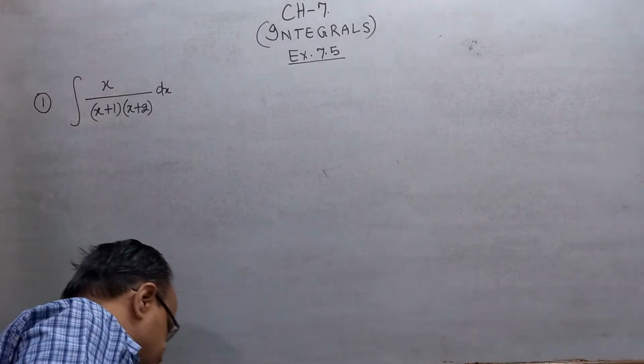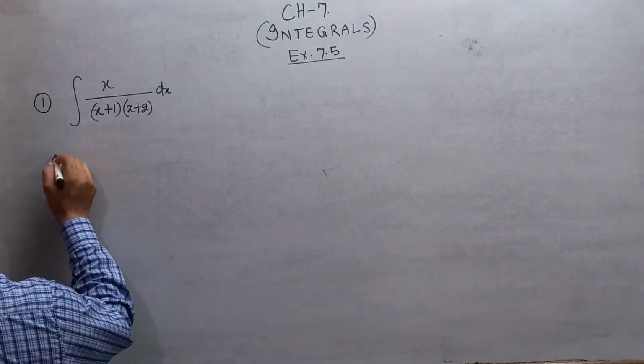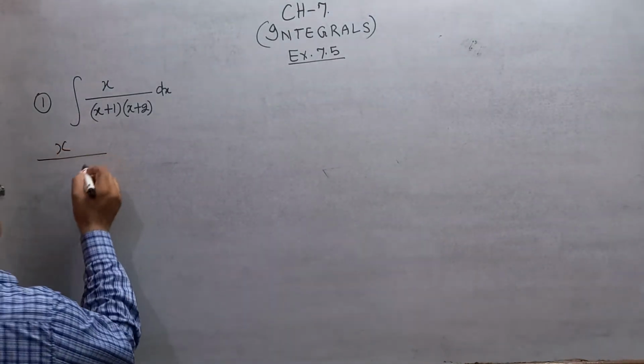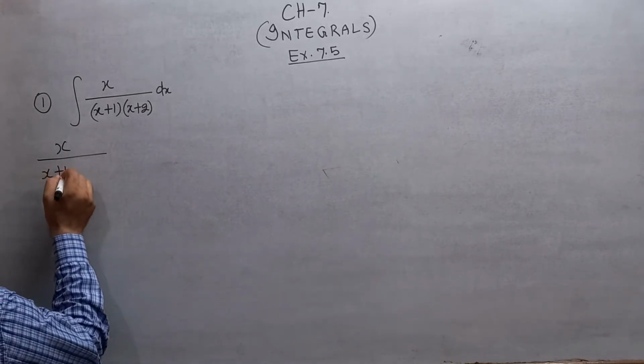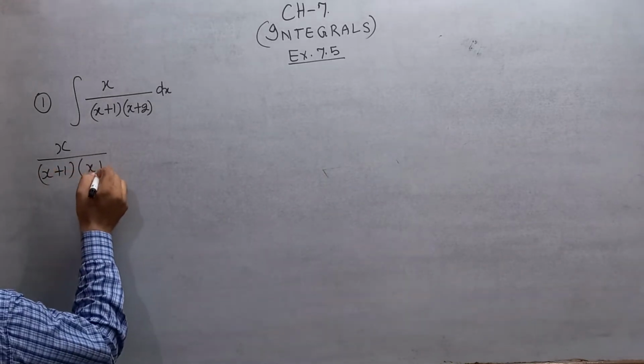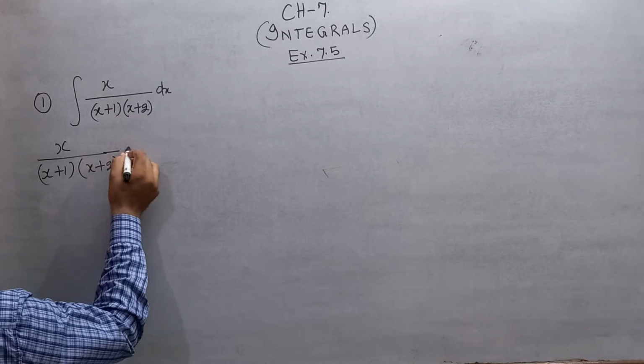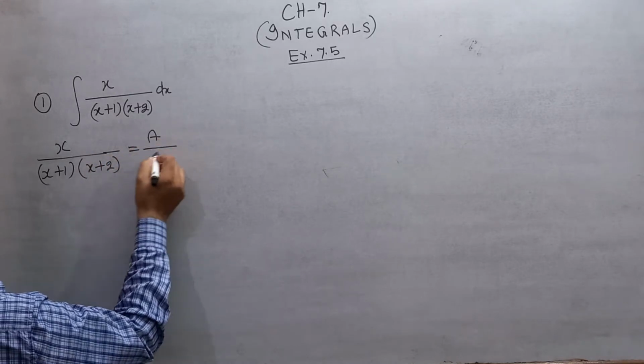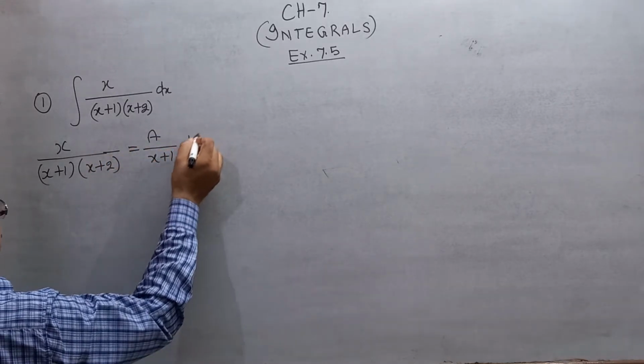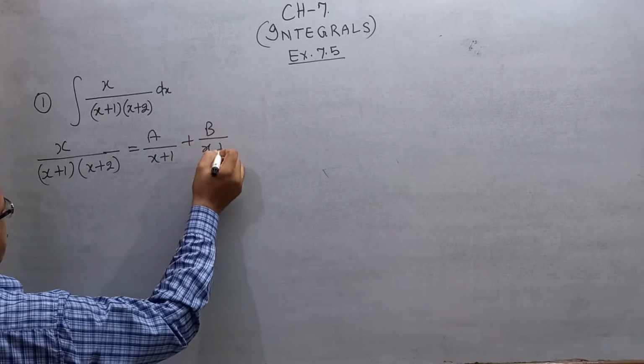This is the first question. First you break x upon x plus 1 into x plus 2. You can write a upon x plus 1 plus b upon x plus 2.